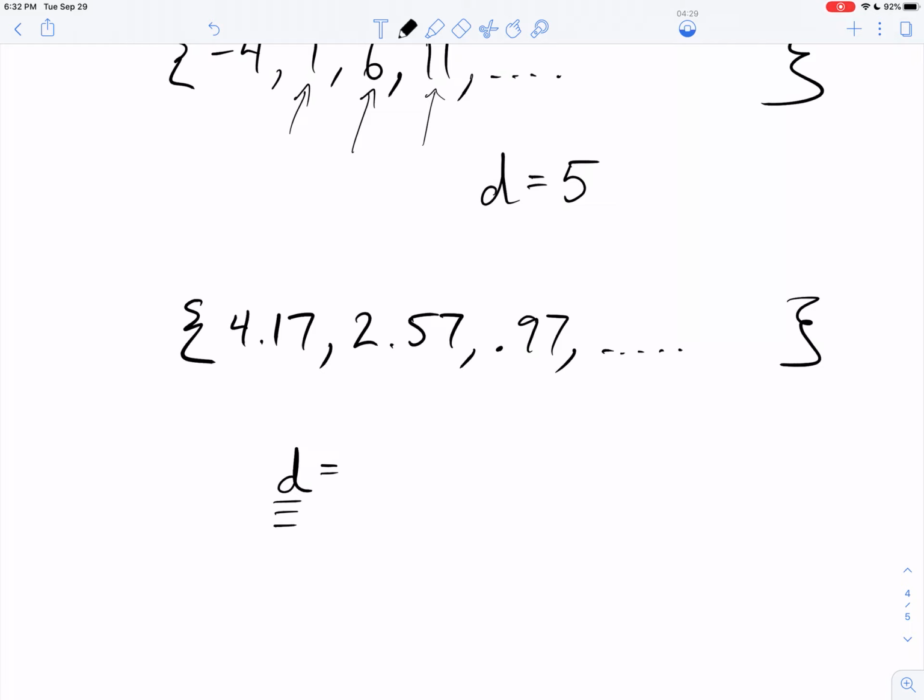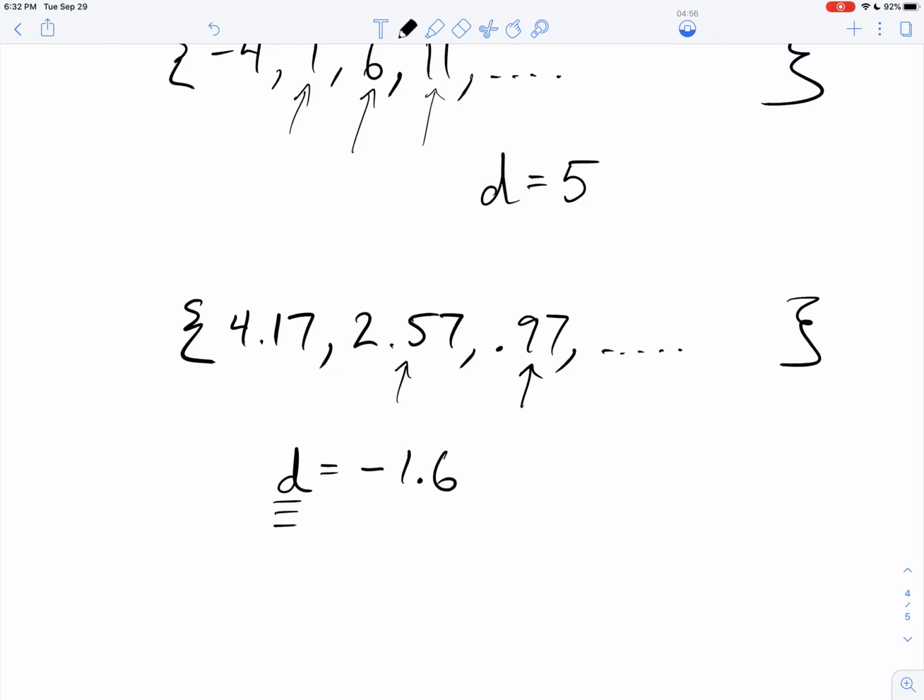Well, take any number in the list. I'm going to take 0.97 and subtract the one that came before it. And if you do that, you will get negative 1.6. Now here's the thing. This guy, take away the one that came before it, gives me negative 1.6. But you have to verify that what you're actually looking at is following that pattern.